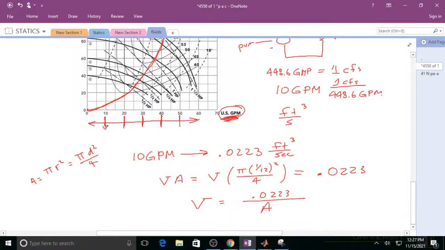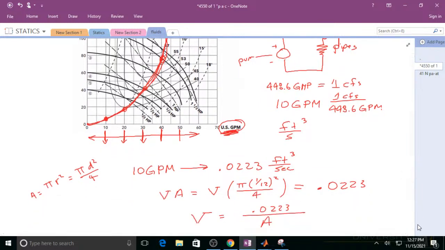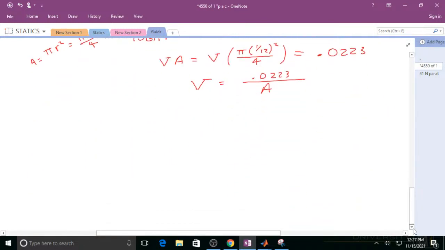And that was it. So I'm basically going to find the value of these points to map out this curve. So what I'm trying to do is get an approximation of what this looks like. Now it's not going to be this, but I'm going to go back in and do this for each one.